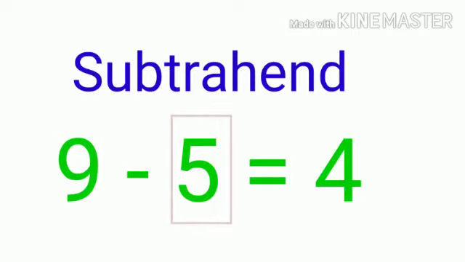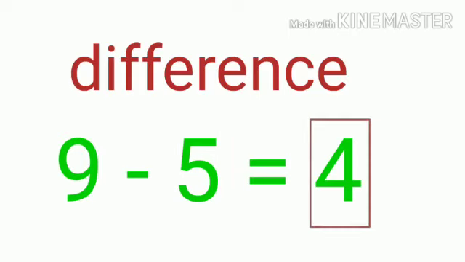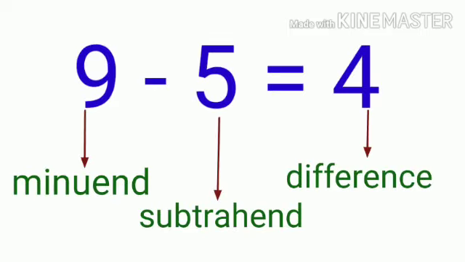The number that is subtracted from the minuend is called subtrahend, and the answer we get after subtraction is called difference. Here 9 is the minuend, 5 is the subtrahend, and 4 is the difference.